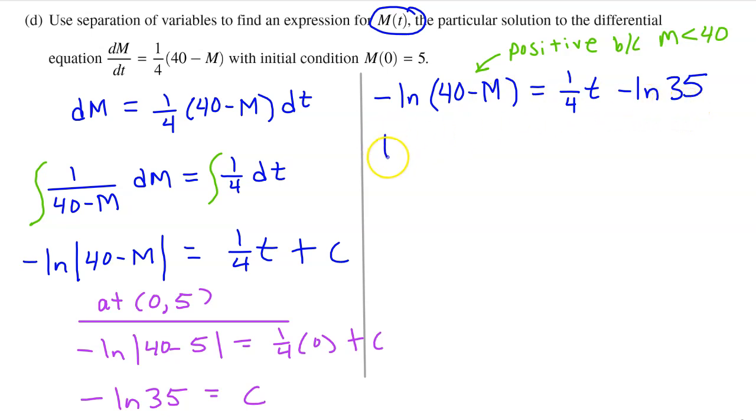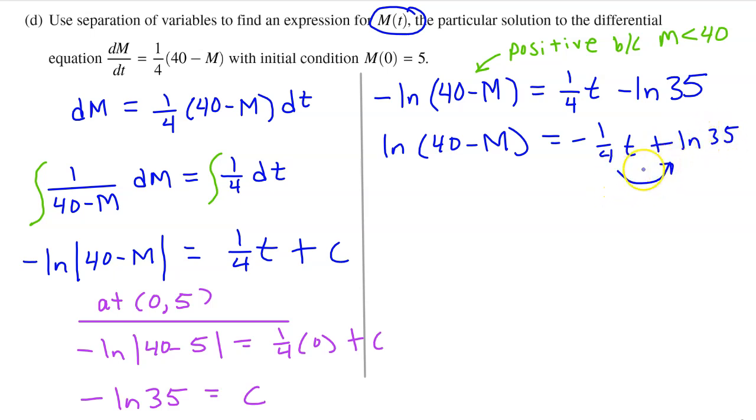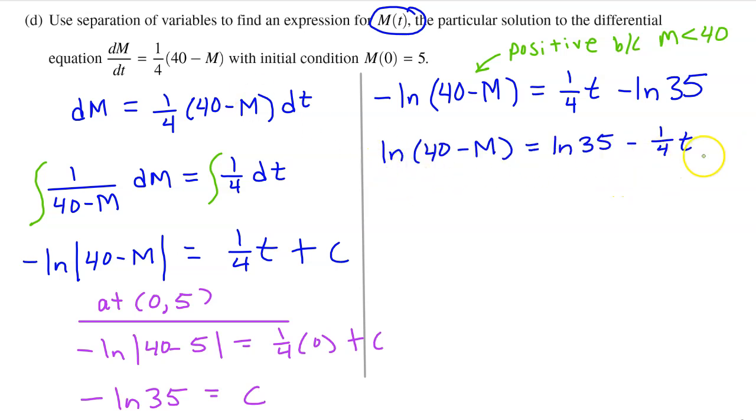So that's going to give me natural log of 40 minus m is equal to negative 1/4 t plus natural log 35, but I think I will write this switched around. So now we have this.